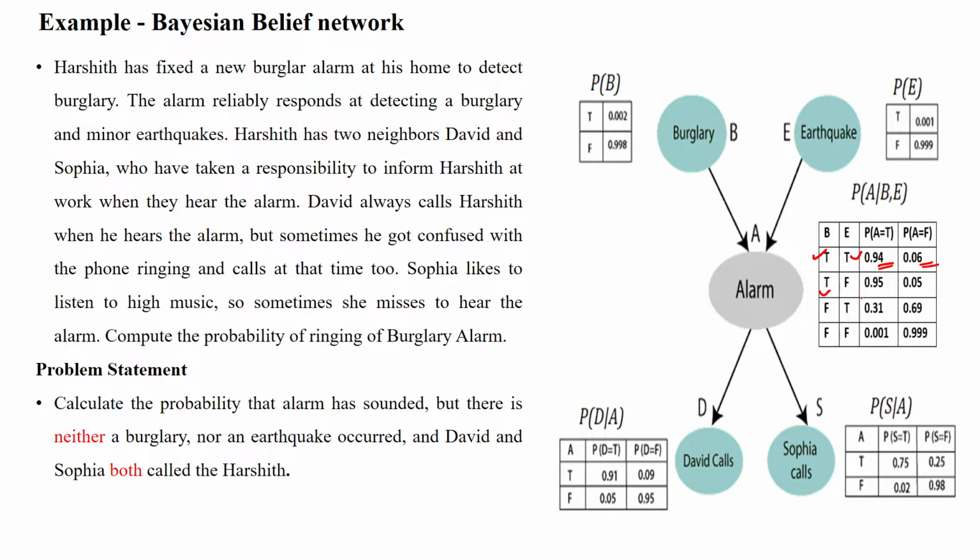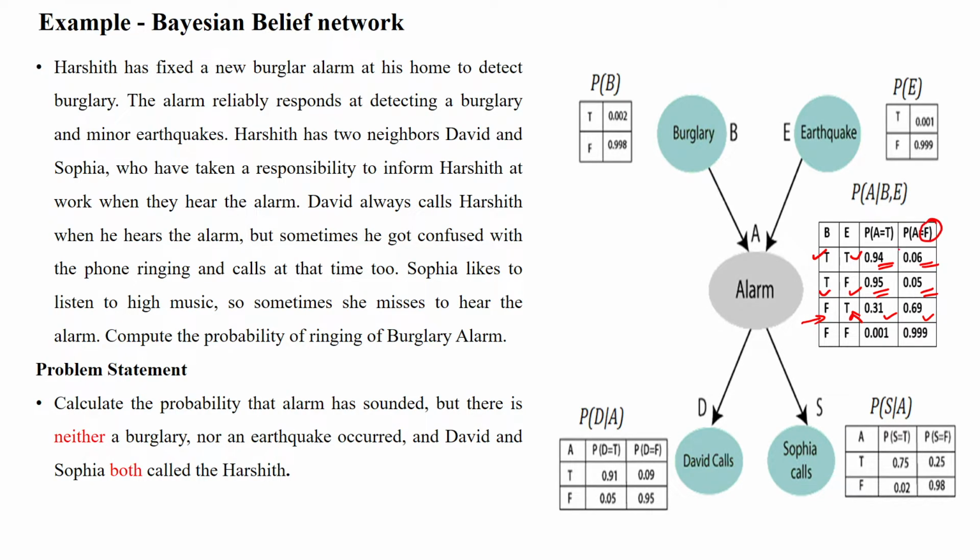When burglary happened but the earthquake did not occur, the possibility of the alarm ringing is 0.95, and of not ringing is 0.05. When no burglary happened and the earthquake occurred, the possibility of the ringing sound is 0.31, and of not ringing is 0.69.